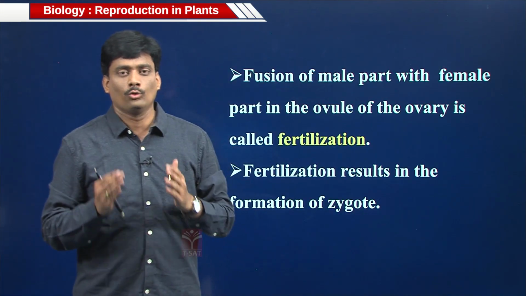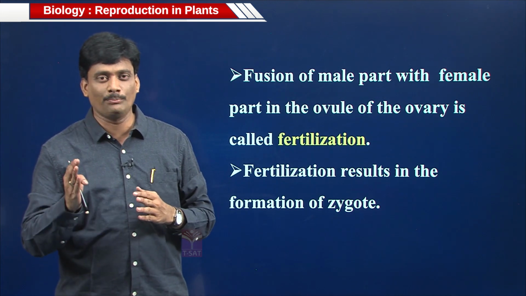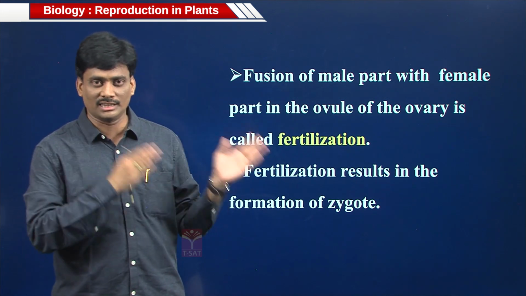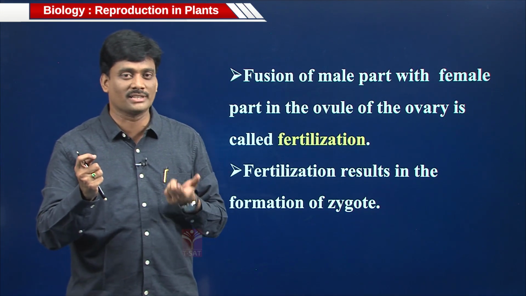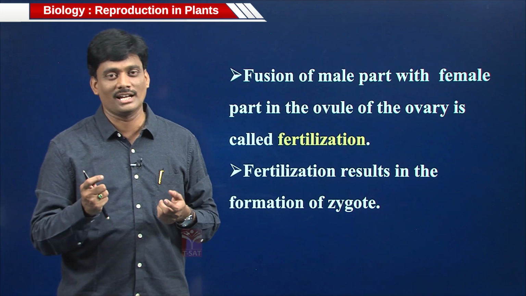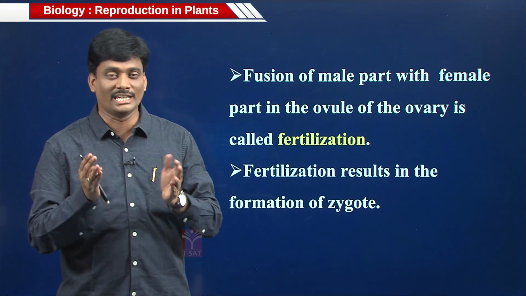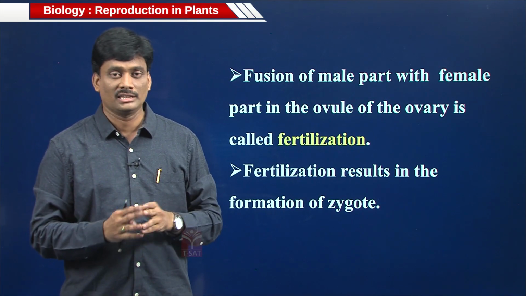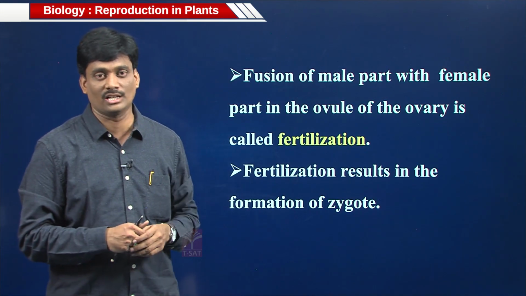And what is meant by fertilization? Fertilization is nothing but the fusion of the male nuclei with the female nuclei which is present in the ovary. As a result of fertilization, the zygote is formed. The fertilized egg or ovum is nothing but a zygote.